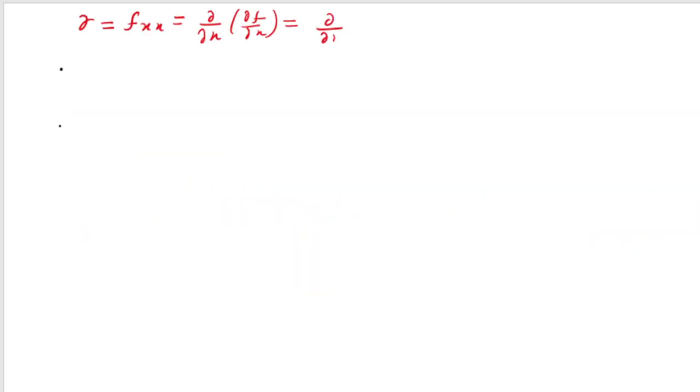It is del by del x of y minus 9 by x square. So you will get derivative of y with respect to x will be 0, and 9 will give you minus 9 and minus 2 by x cube. So it will be like 18 by x cube, right?